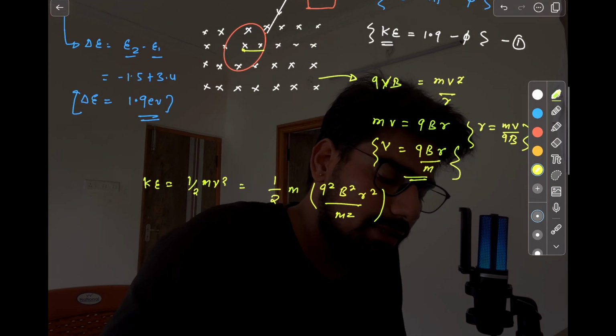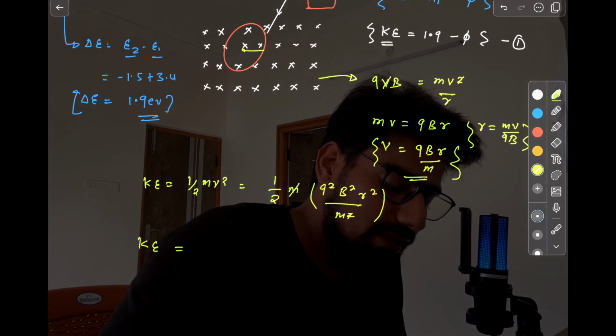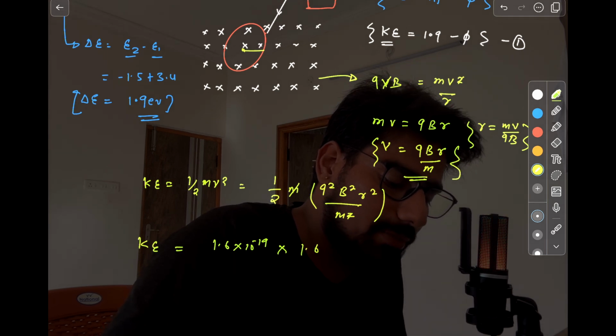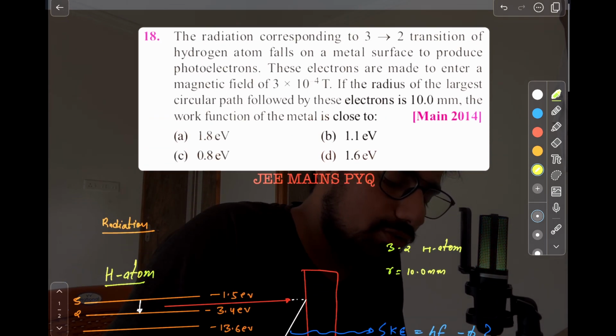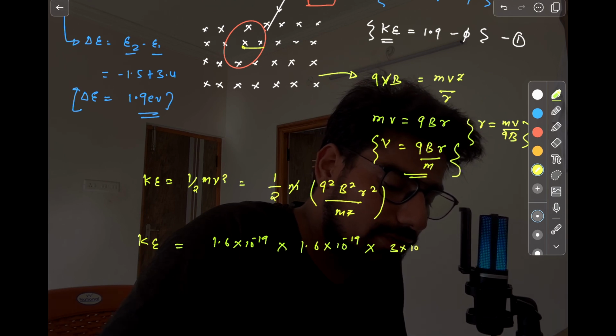So if you wish, you can do the approximated calculation here. So kinetic energy will be q square, which is basically 1.6 multiplied by 10 to the power minus 19, squared, because the charge on the electron is 1.6 multiplied by 10 to the power minus 19. Look, the magnetic field is given as 3 multiplied by 10 to the power minus 4, so 3 multiplied by 10 to the power minus 4 twice.